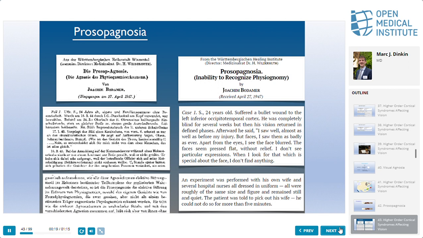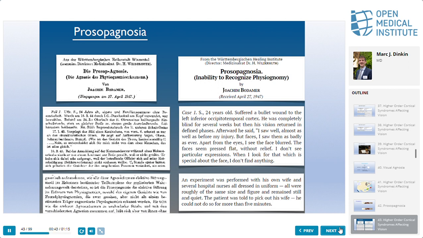And afterwards, the patient said, I saw well, almost as well as before the injury, but faces, I saw them as badly as ever. Apart from the eyes, everything is blurred. The faces seem pressed flat. There's no three-dimensionality to it. I don't see expressions. When I look for that which is special about the face, I don't find anything.